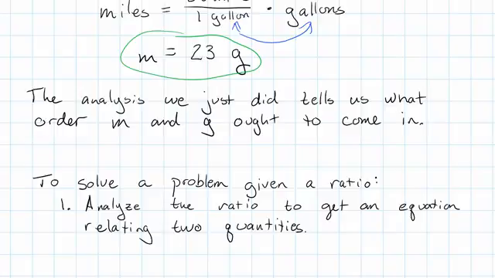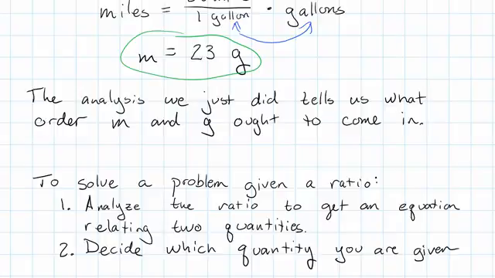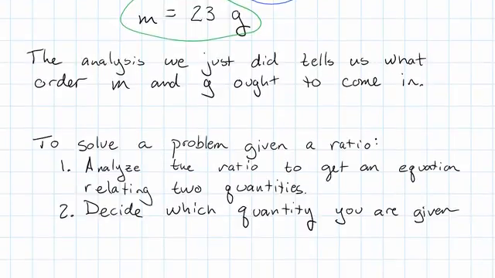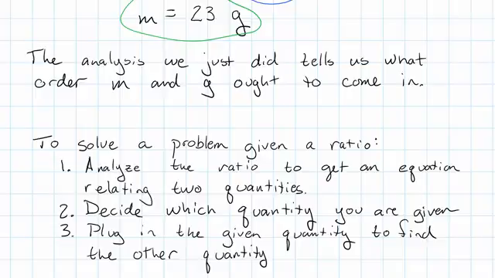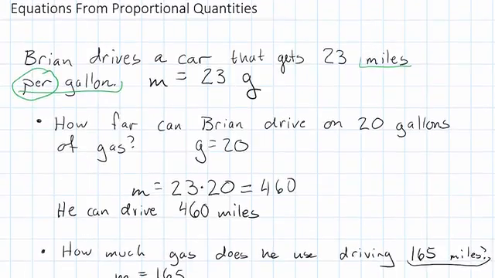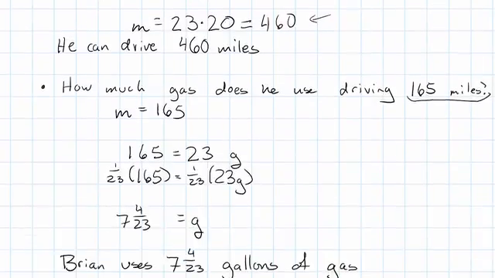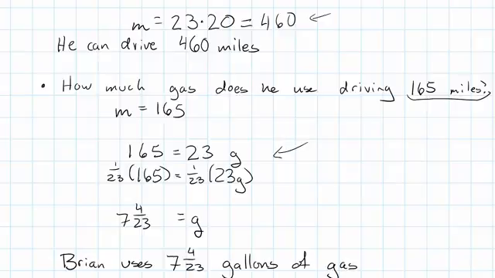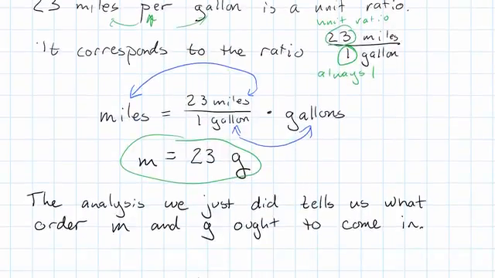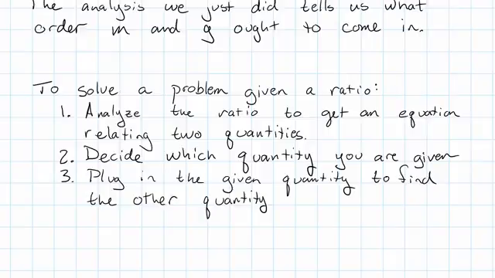Once we had that equation, we had to decide which one of the quantities we'd been given, and then plug in the given quantity to find the other quantity, right? Which may or may not involve algebra. Here, finding the other quantity didn't use any algebra. Here, we had to solve a linear equation. And finally, we weren't done after we were done with all the computations. We had to give an answer to the question.